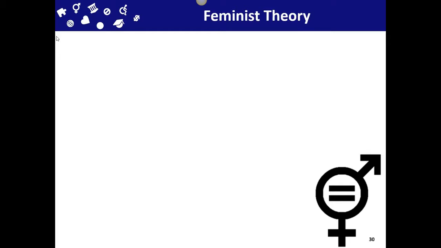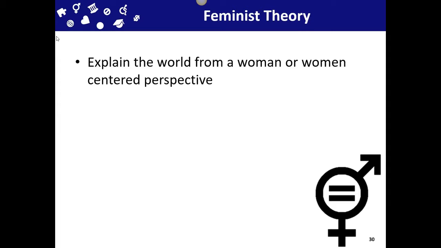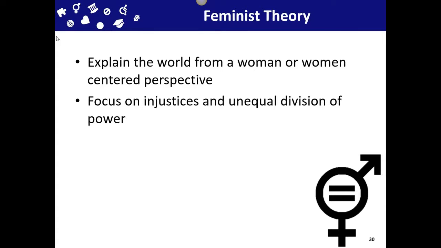And the feminist movement has certainly given way to feminist theory. Now, your book talks about five different feminist theories. And what's most important about all of them is they tend to explain the world from a woman or women centered perspective, something that has historically been left out from theoretical perspectives. And they all focus on injustices and the unequal division of power in society.